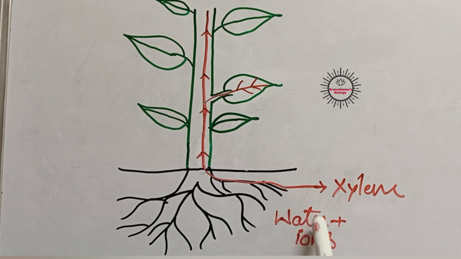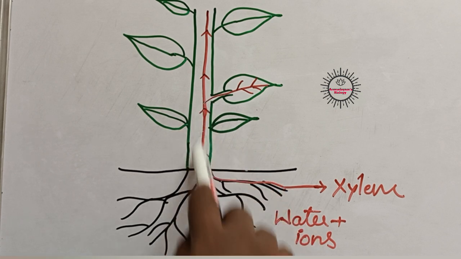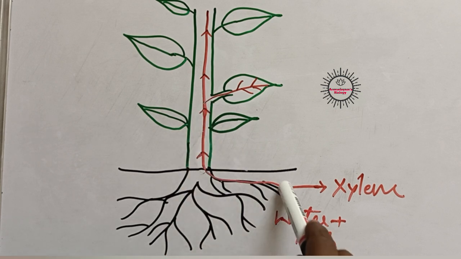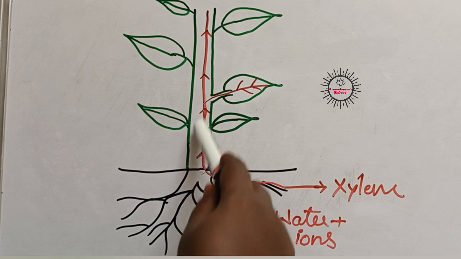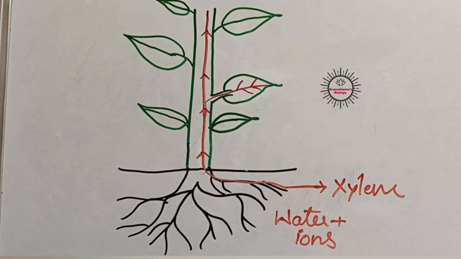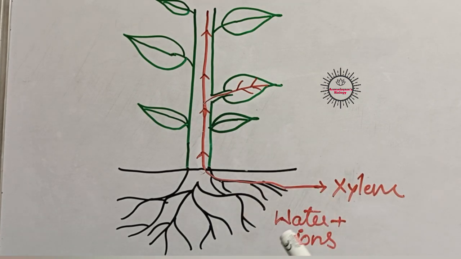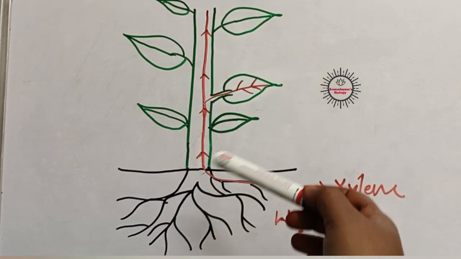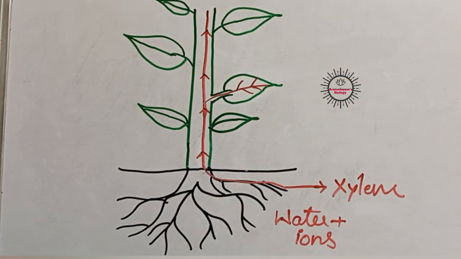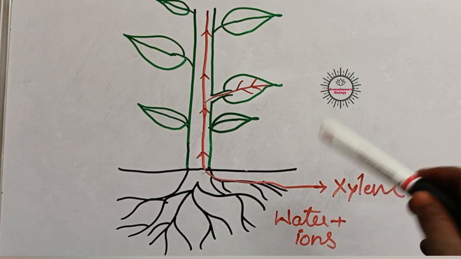The water along with these ions first enters into the root hair cells. Already here one channel like structure is produced, no? So from here the water will pass to the stems and also to the leaves. This is how the water moves in upward direction because of the root pressure. We can call this as a root pressure also. So the roots are creating some pressure and they are pulling water upward to the upper parts of the plant body.